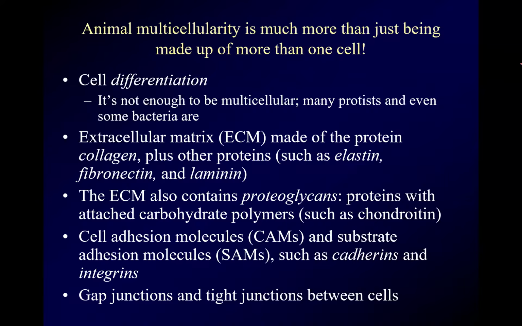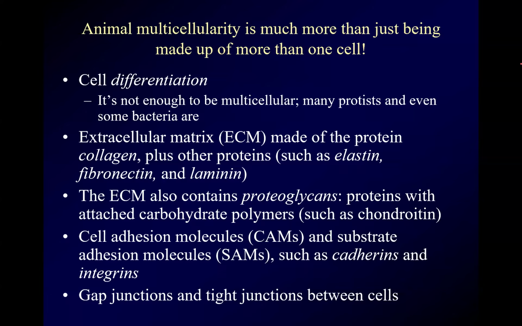What does seem to be unique is that animal cells are held together by an extracellular matrix, a network of mostly protein and glycoprotein fibers, notably the protein collagen, plus other proteins with names like elastin, fibronectin, and laminin, and various others.